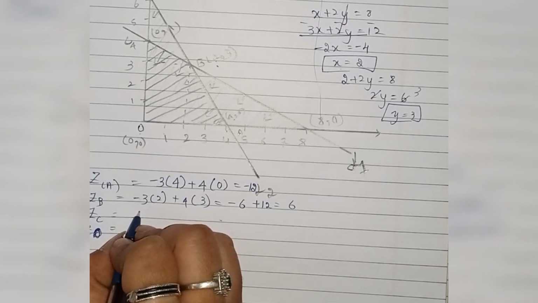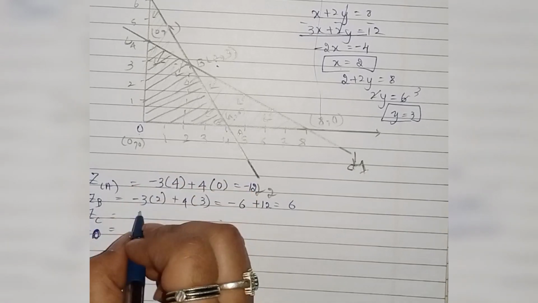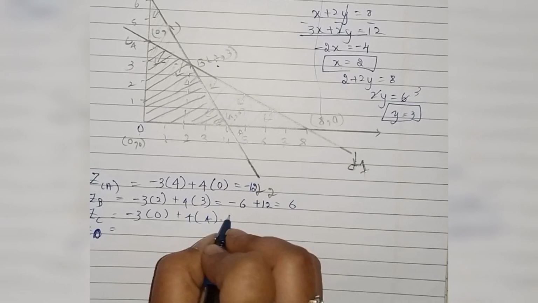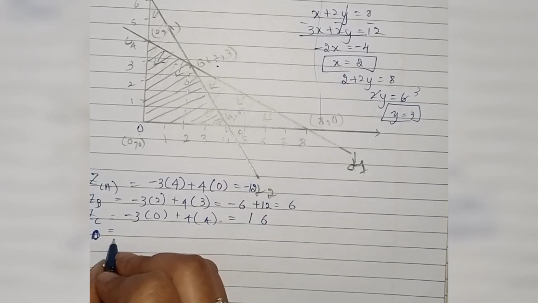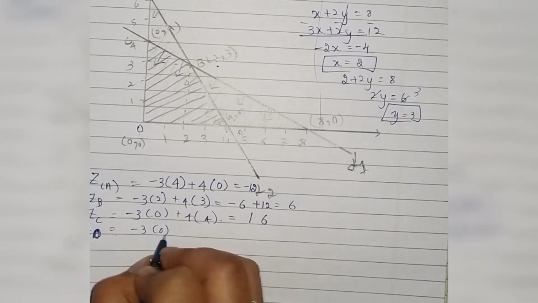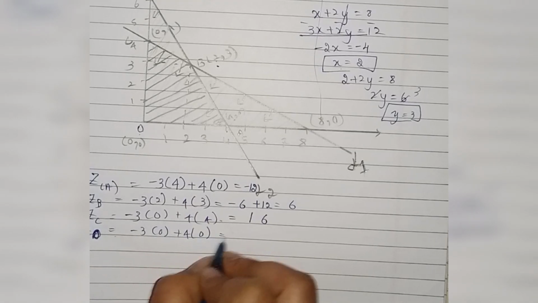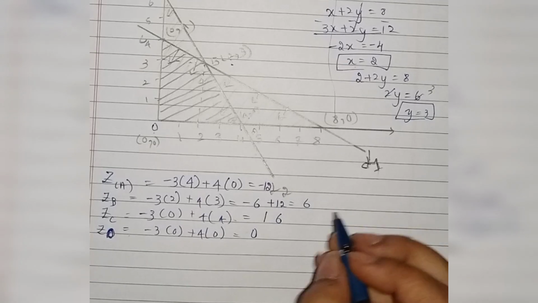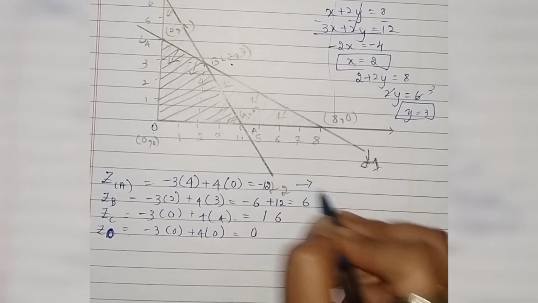Next, Z at C. C is 0, 4. Minus 3 into 0 plus 4 into 4 is 16. At O, minus 3 into 0 plus 4 into 0, which is 0. The minimum value here is minus 12.